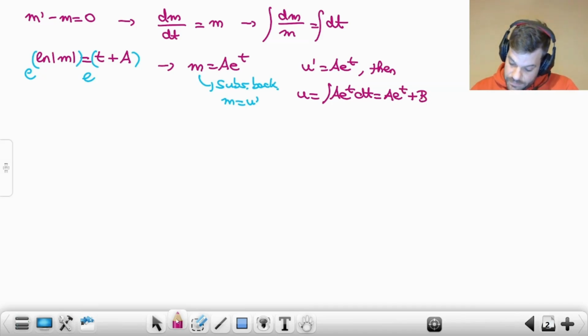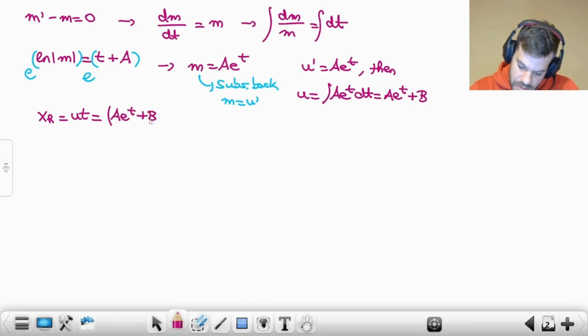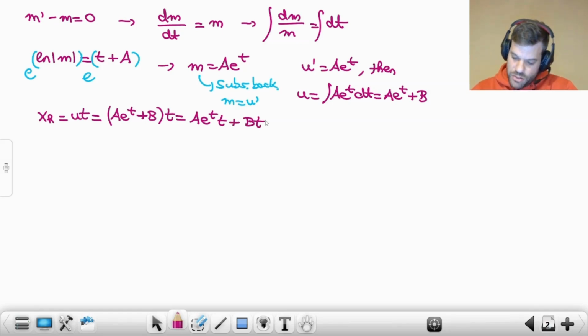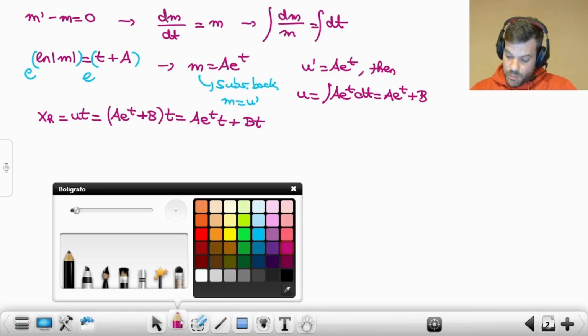So finally, our homogeneous solution, which was function u times t, is going to be a e to the t plus b times t, and that is a e to the t times t plus bt. This is the homogeneous solution. Okay, that's step one.